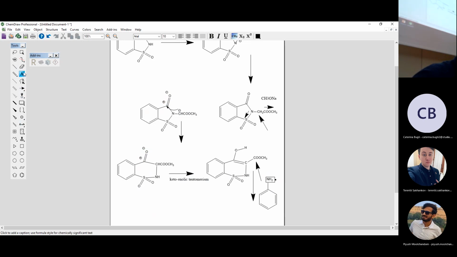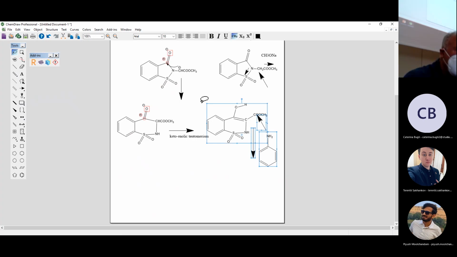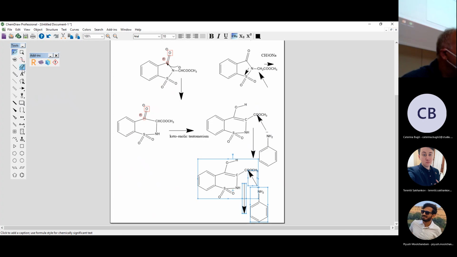Once again, the nitrogen atom has a lone pair, if you remember, able to give an attack on the carbonyl group this way, and then we can get the formation of an amide.